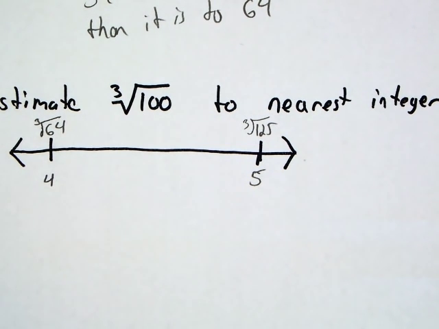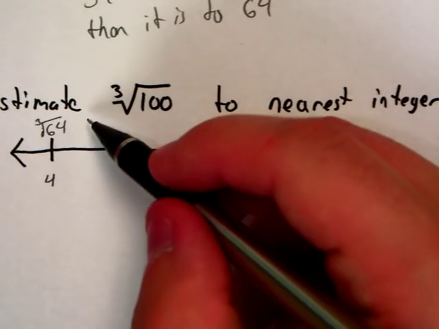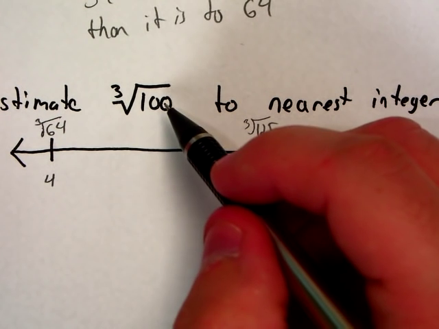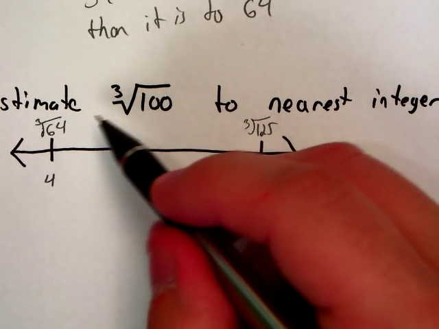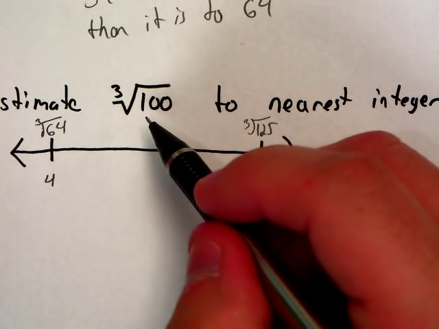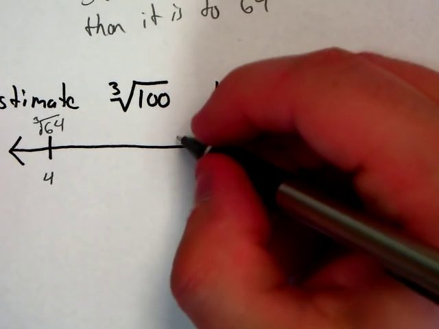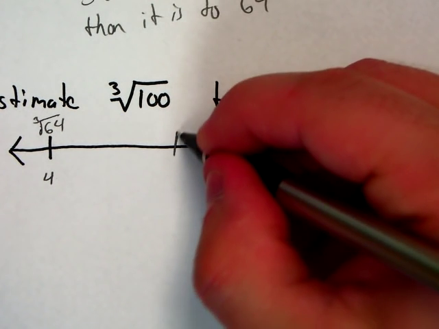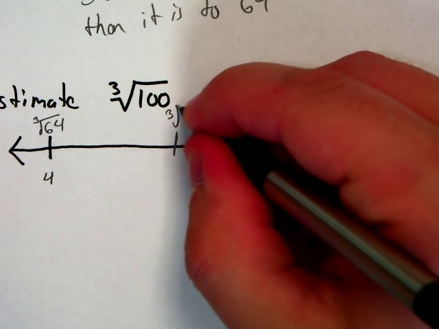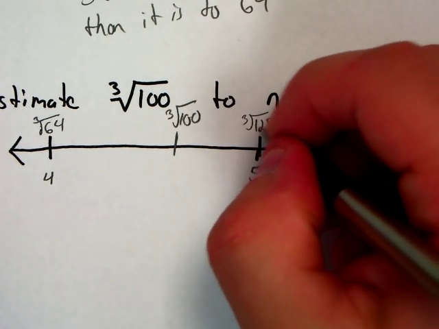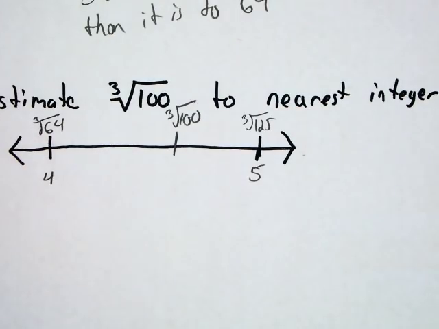Now, I need to figure out where 100 goes. So, 64 and 100, there's a difference of 36 there. And between 100 and 125, there's a difference of 25. So it's going to be kind of in the middle, but closer to 125 than it is to 64.